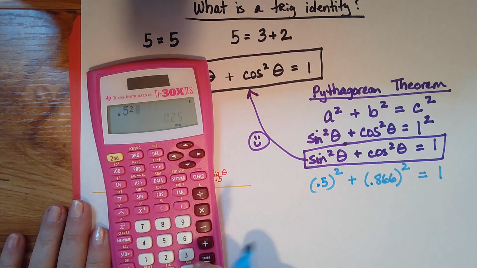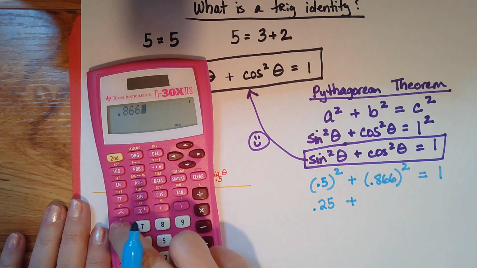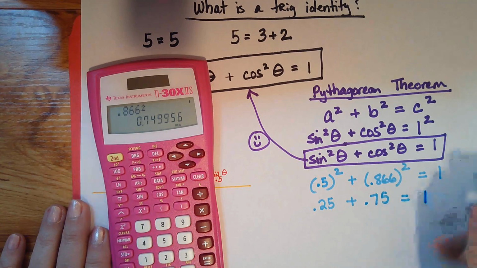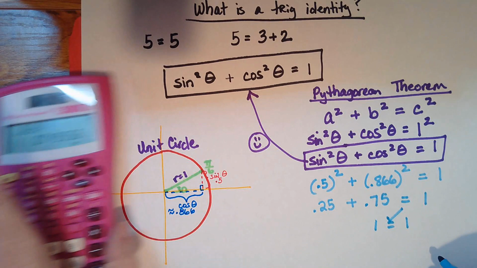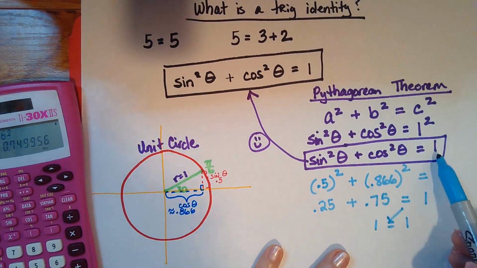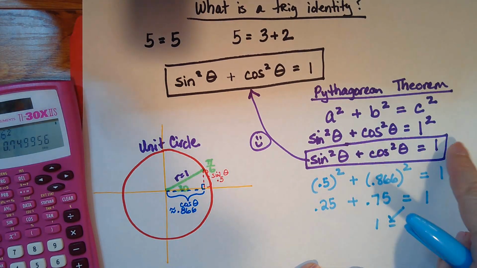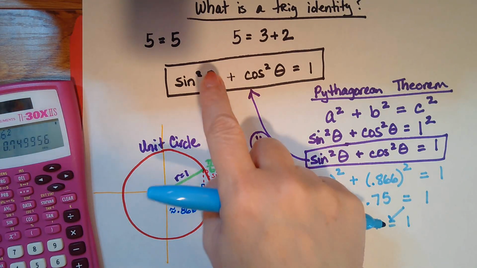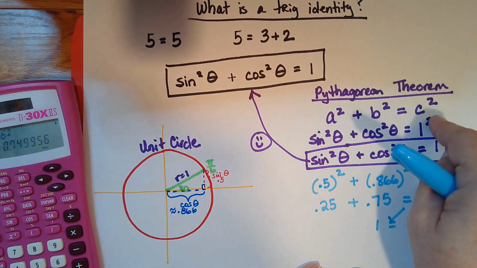So 0.5 squared is 0.25, and 0.866 squared, with a little bit of a rounding error, gives us about 0.75. And you will see that 1 does indeed equal 1. That is how we know that this is a true identity, where this side of the equation is equal to this side of the equation. And this is going to be true for every theta, because it is true for every right triangle, that a squared plus b squared equals c squared.